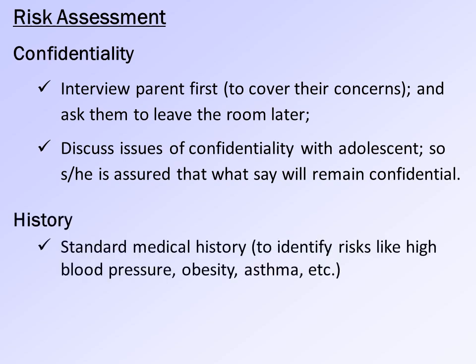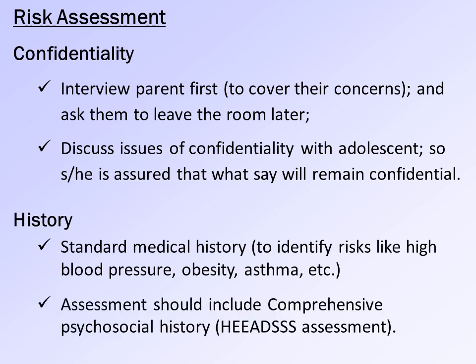In the history, take a standard medical history to identify risks like high blood pressure, obesity, or asthma. Then we will perform an assessment of a comprehensive psychosocial history, and here we can use the HEEADSSS assessment.